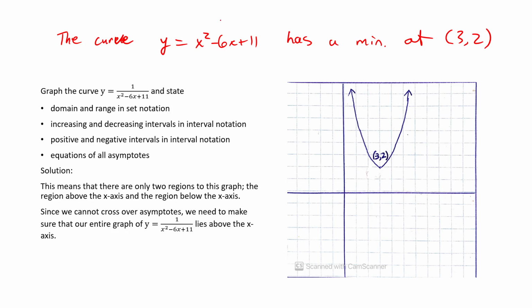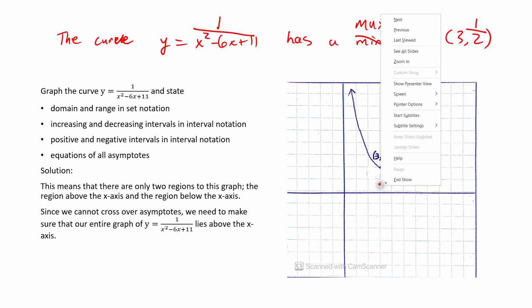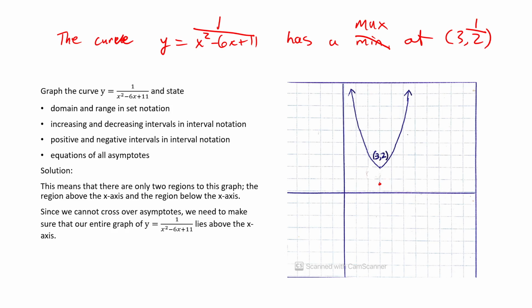Well, now I want to graph 1 over x squared minus 6x plus 11. Since there's an inverse relationship, that means the word minimum better change to the word maximum. My x stays the same, but my y, instead of being f of x, becomes 1 over f of x. So I'm going to draw a curve that has a maximum at (3, 1/2).